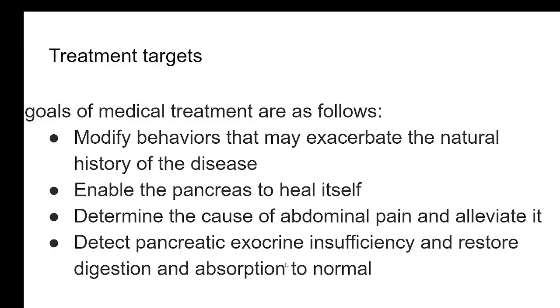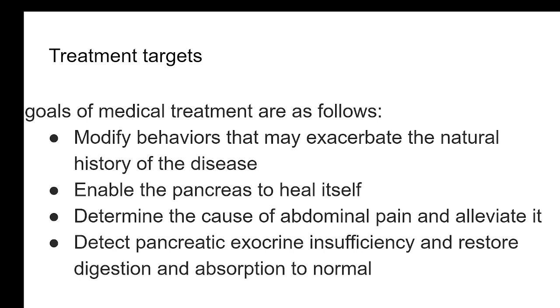Then the treatment targets: there is no question of a cure for chronic pancreatitis, except that the last choice would be pancreas transplantation. Pancreatic transplantation is a very rarely done surgery, and it's not done routinely. Very few successful cases are reported throughout the world. So from the routine clinical point of view, pancreatic transplantation is almost out of the question at present.